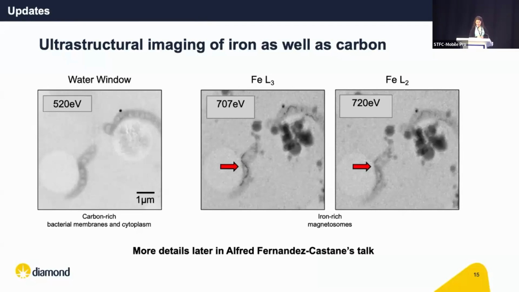And for example, in the specific example, and I hope I'm not spoiling the talk for Alfred, Archana and Maria Archilacti before me managed to identify the position of some vesicles enriched in iron in magnetospirale bacteria.